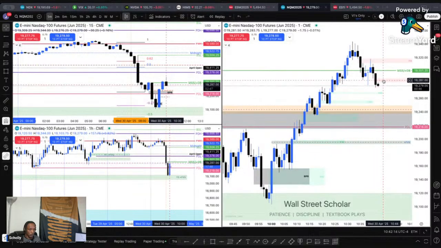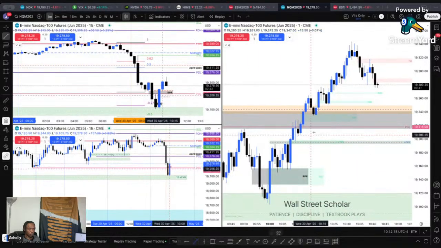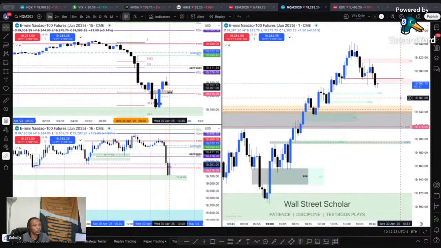Got the shift on the 1. They'd have left a gap right there. I'd have took it down.